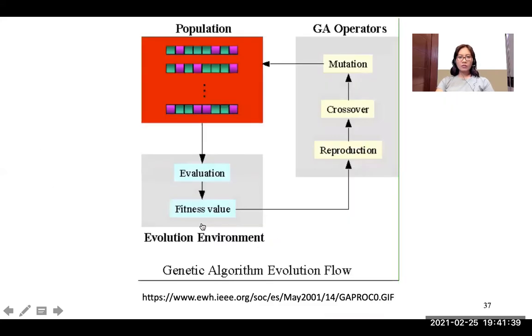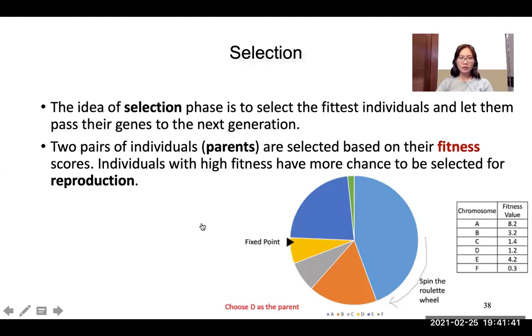So in order to do this, we need to do the first step, which is the selection. With the selection, the idea is to select the fittest individuals and let them pass their genes to the next generation. So we pick 2 individuals as the parents based on their fitness score.